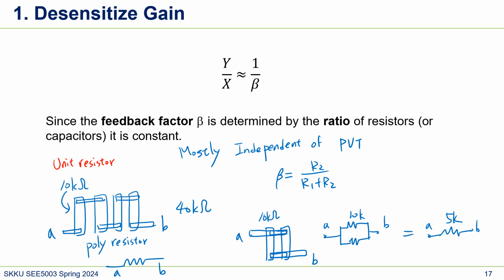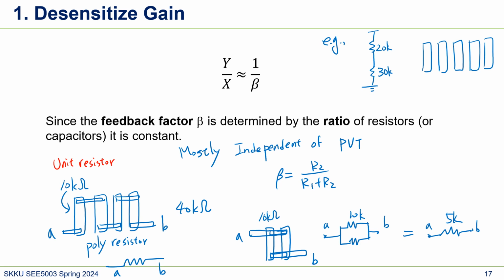Another example: let's say we want to make 30k and then 20k. One way that we can make a layout is that with the 10k resistor, we need 5 of them.